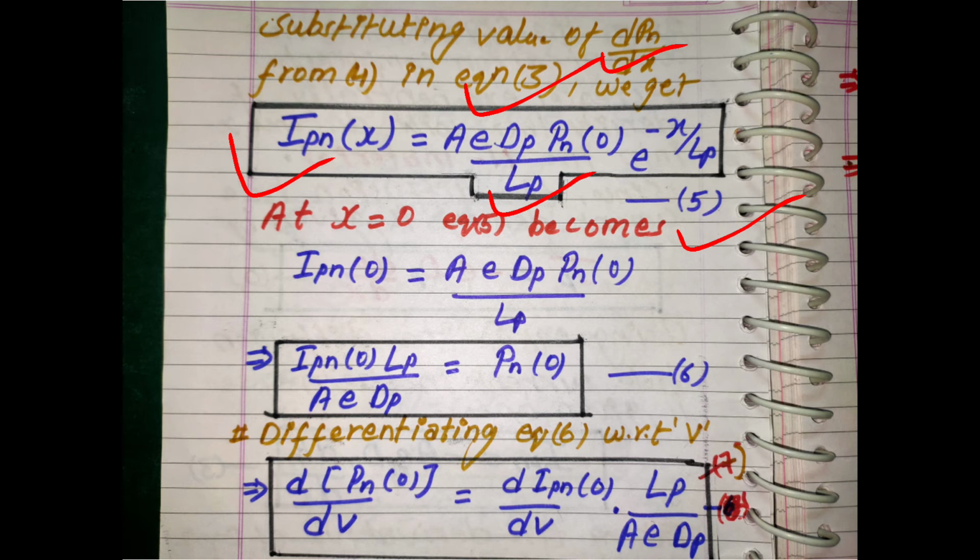At x is equal to 0, if we substitute the value of x equal to 0 in equation number 5, we get equation number 6. Now we are going to differentiate equation number 6 with respect to v. After differentiating, we get equation number 7.